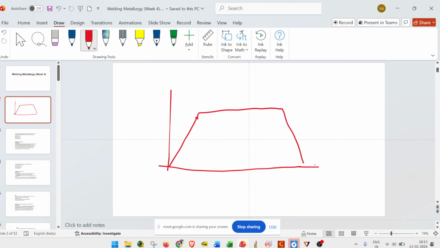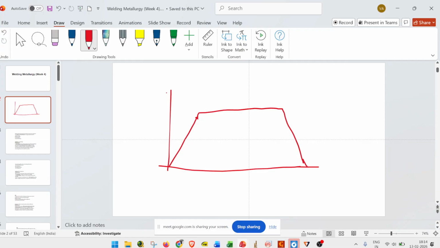In general terms, we heat the material above the recrystallization temperature and hold it for some time, and the rate at which we cool it affects its microstructure. So in simple words, it is changing the metal microstructure by heating it and cooling it at different rates and at different temperatures.